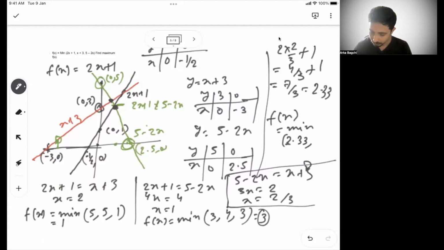What is the second value? The second value is x plus 3. So x plus 3, what is my x? x is 2 by 3. 2 by 3 plus 3 is 11 by 3... as said, 5 by 3, so this is 1.66. And the last one is also going to be 2.33.